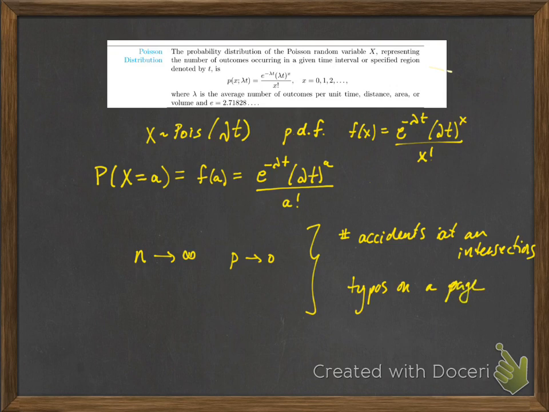Probably the problem will say that it is a Poisson distribution, so it will be easy to identify.